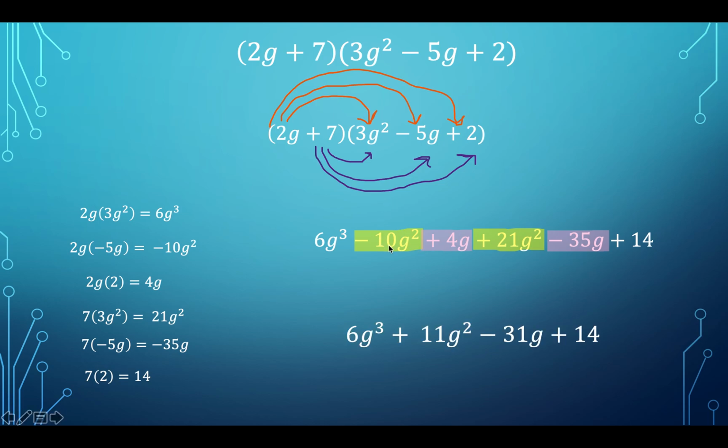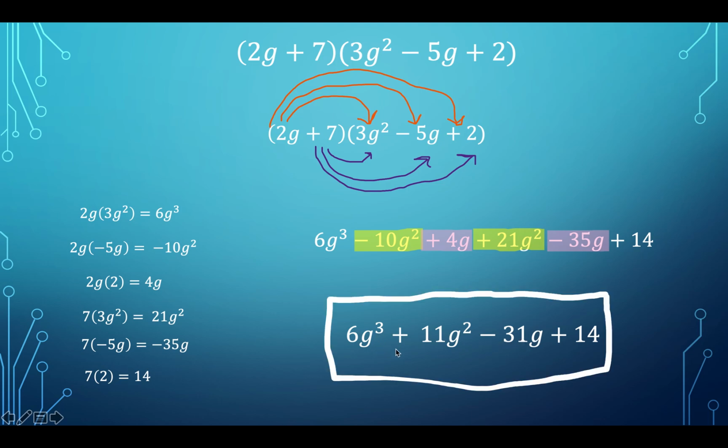Negative 10g squared plus 21g squared will give us 11g squared, and positive 4g minus 35g will give us negative 31g. So our final answer would be 6g to the third plus 11g squared minus 31g plus 14.